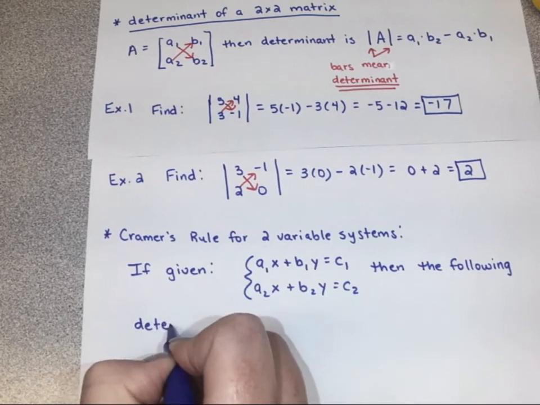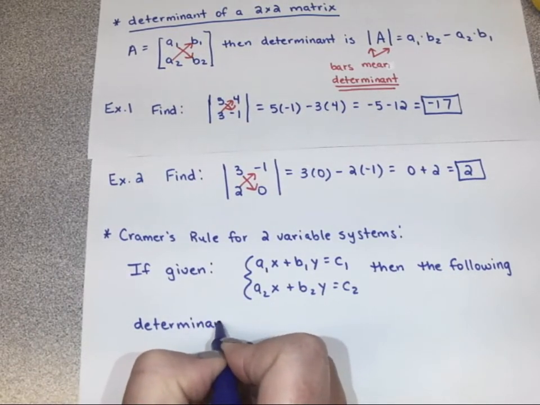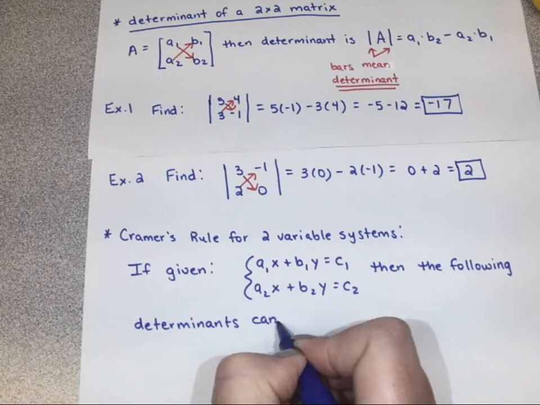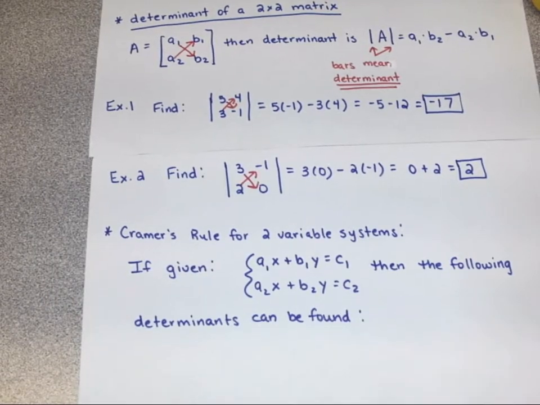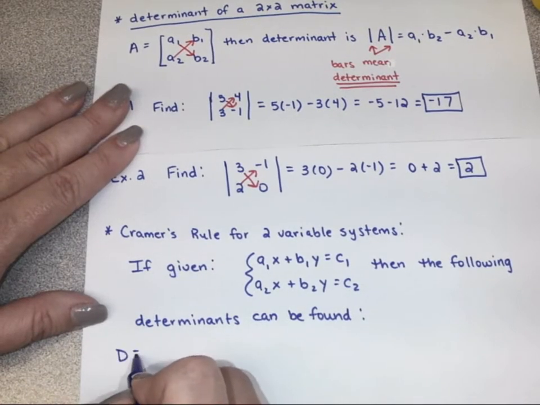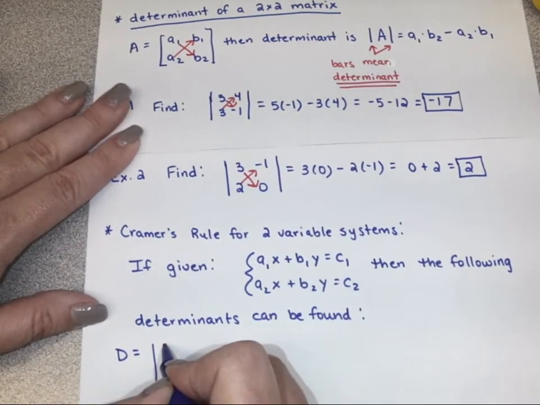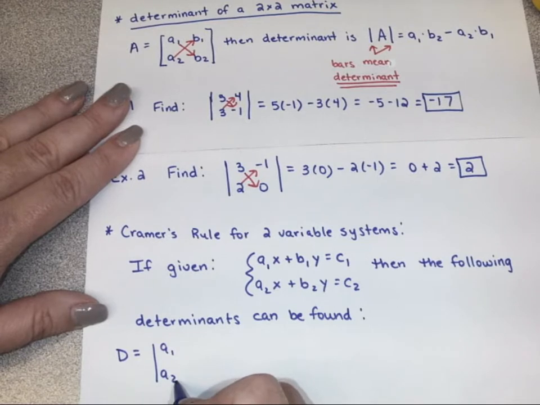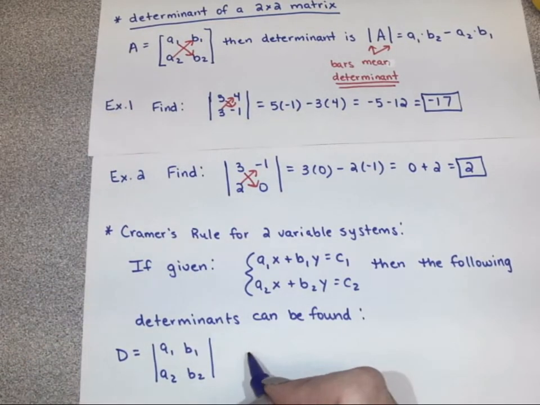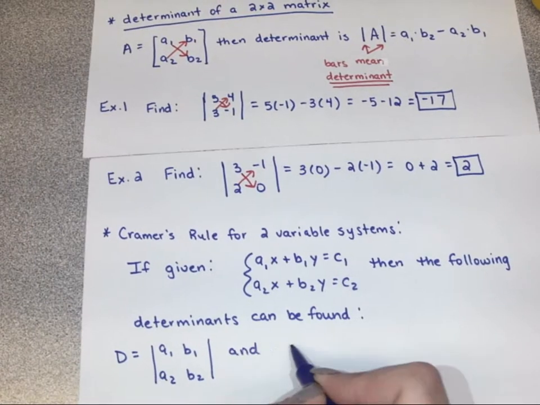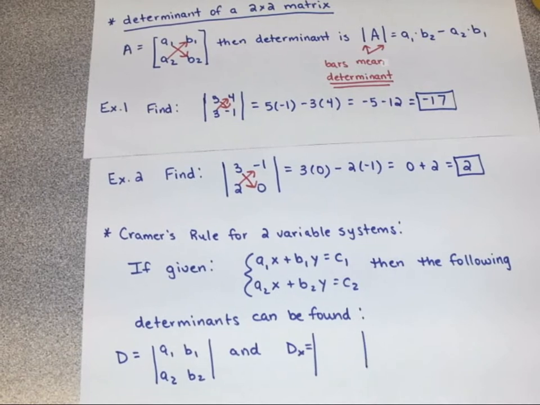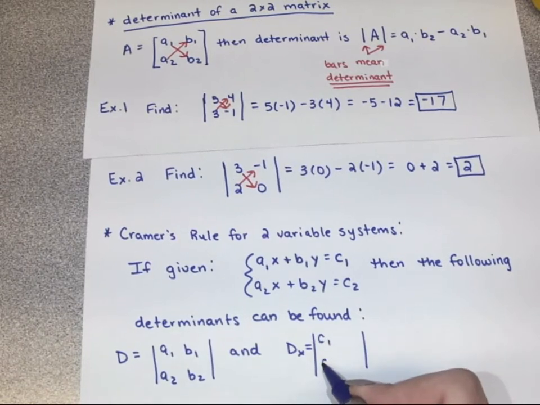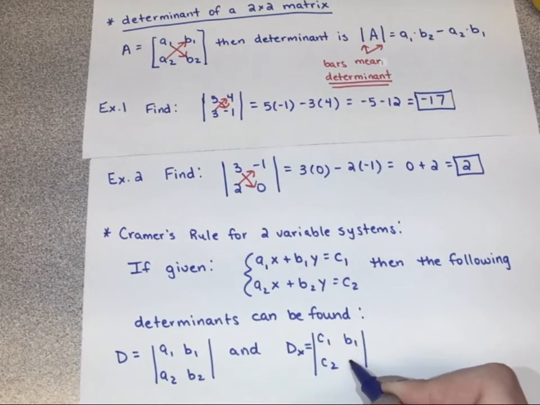So if you're given this, then the following determinants can be found. So what we're going to do is we're going to find a series of three determinants. So capital D is going to be whatever you get when you combine the first column of numbers and the second column of numbers. Your second determinant we're going to find is going to be whatever you get when you combine the last column of numbers with the second column of numbers.